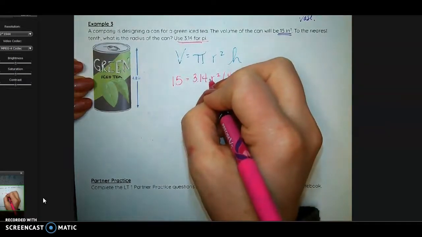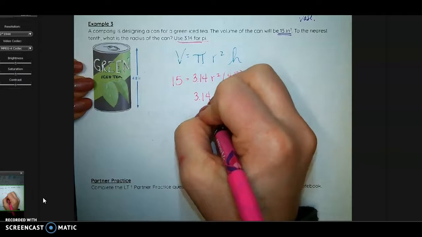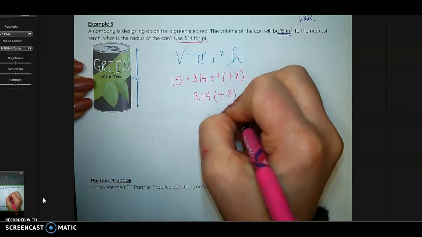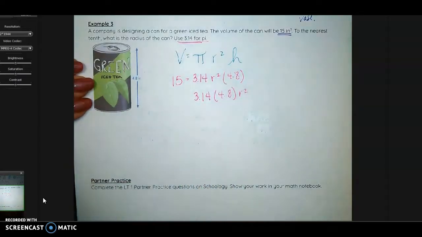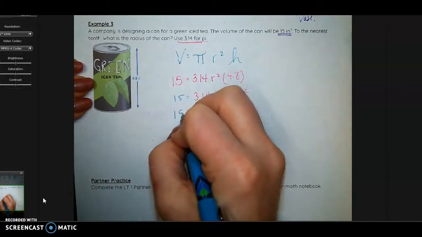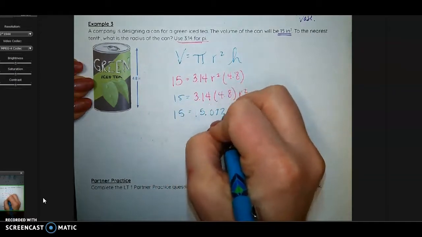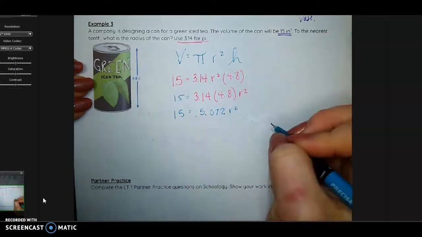This is all multiplication, so I can move stuff around. I think of it as 3 1/4 times 4.8, and then I've got my r squared back there. This helps remind me that I can multiply those. When I multiply those, I get 15 72,000ths.